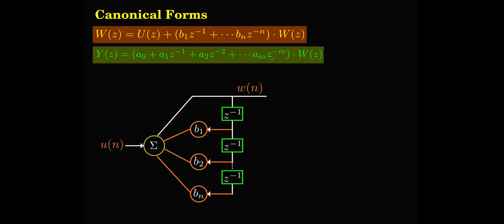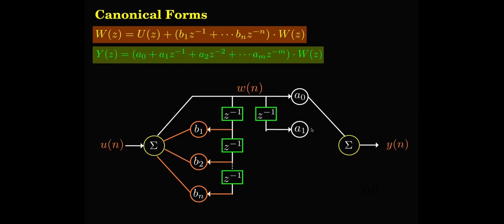Then come to the output equation. Again, the output equation. So Wn into A0, then Wn passed through a delay, push it through an adder to get Yn, and I'm going to put a delay into A1 and then add it here.